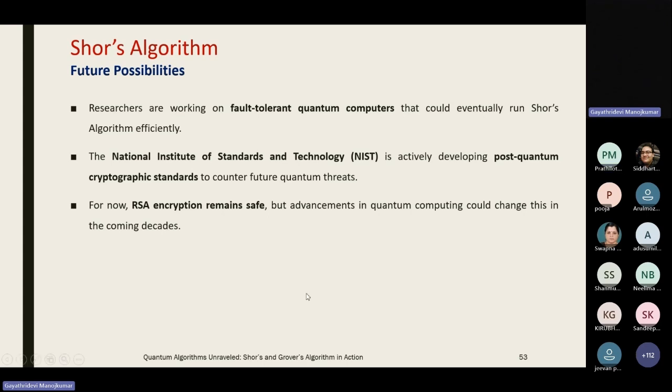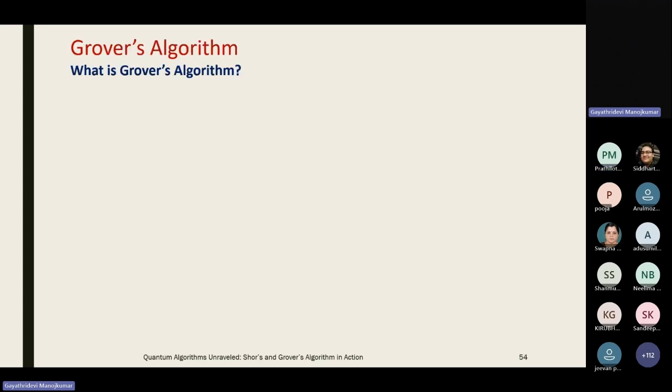The National Institute of Standards and Technology is actively developing post-quantum cryptography, and many researchers are working on it. As of now, we can say that RSA encryption remains safe, but the advancement of quantum computing is quite challenging for this. So we need to keep our fingers crossed for quick updates to Shor's algorithm.